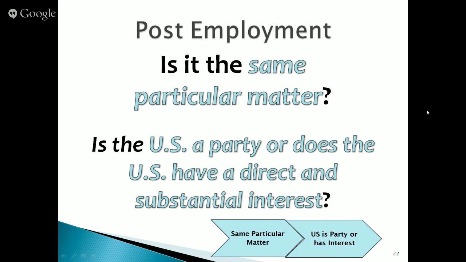Right. But as we recall from our overview yesterday, when it comes to A1 and A2, we're only concerned about those types of communications or appearances that are done in conjunction with what, Patrick? With the same particular matter. So again, we're going to have to go back and find out if that specific party matter he participated in as an agency employee is ongoing, and find out if his communications might be in conjunction with that matter, not just communications in general.